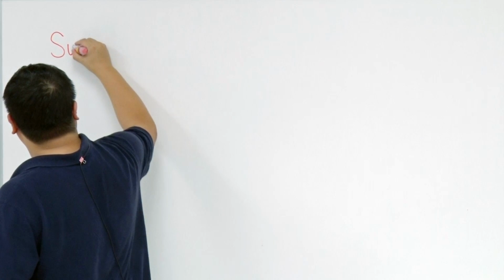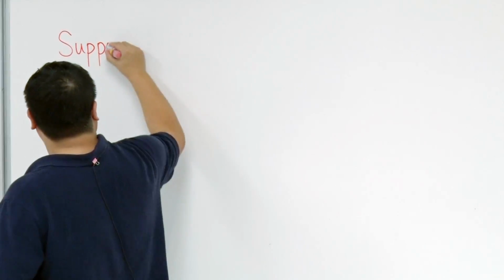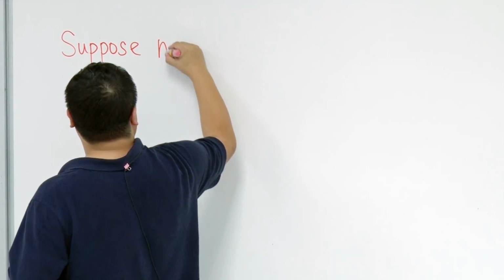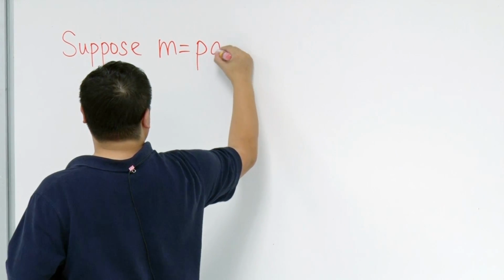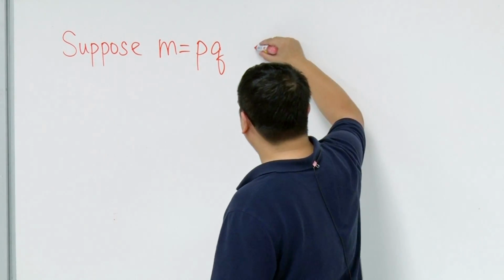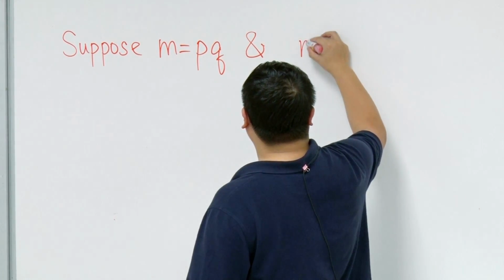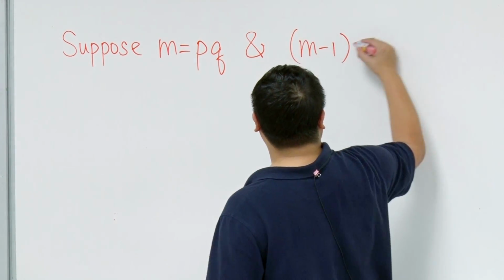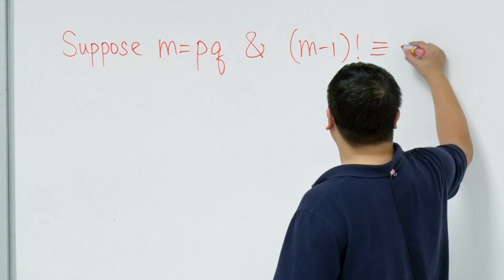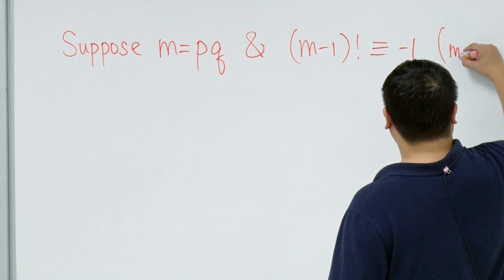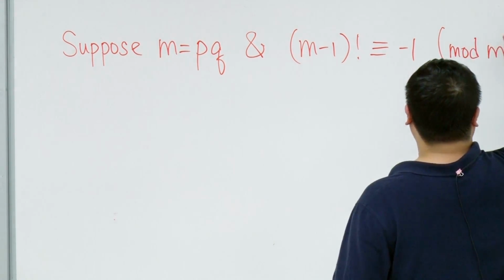So the second part is, we suppose that m is equal to some p times q, and m minus 1 factorial is equal to minus 1 modulo m.